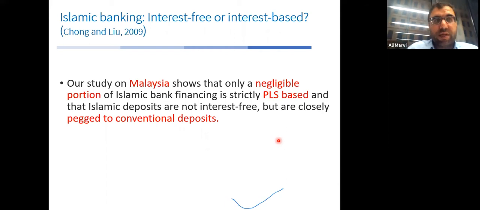But in debt-based financing, the ownership of the money is totally transferred to the other party, and the conventional bank does not care what would happen to that money.